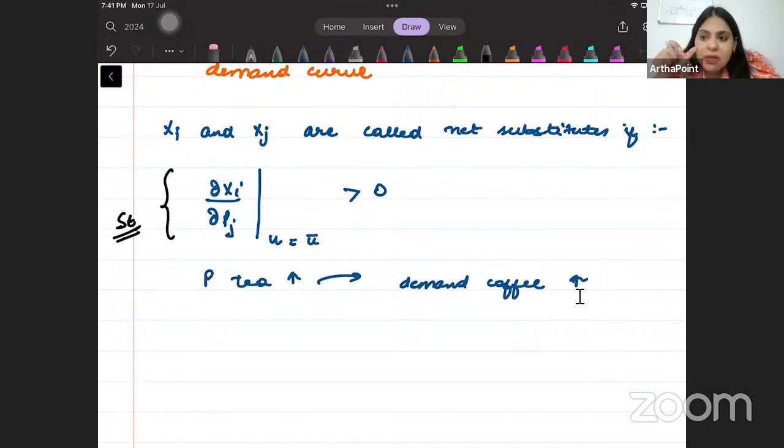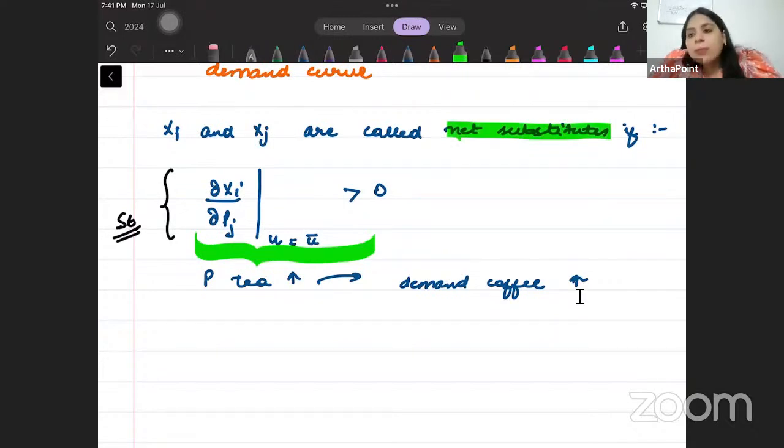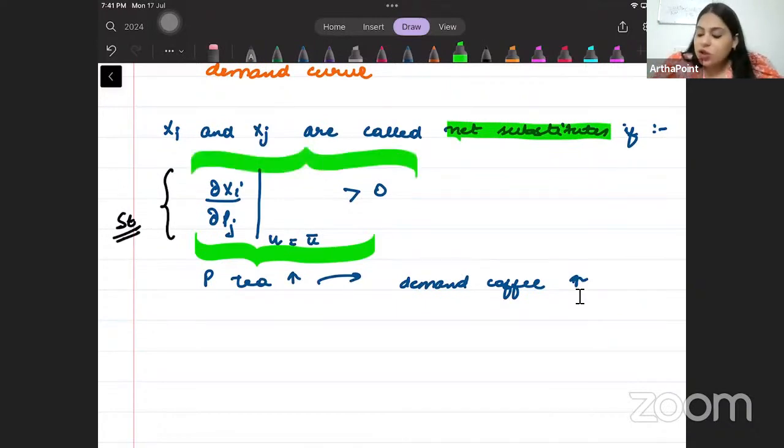For that demand, I will check whether this rule is applied or not. And if this rule is applied, then I will say that they are net substitutes. सिर्फ तब वो net substitutes होंगे. Only then they will be called net substitutes. So ये definition same है. This is exactly what we studied for gross also. But in gross, there was no condition. In net, I have applied an additional condition, holding utility constant.